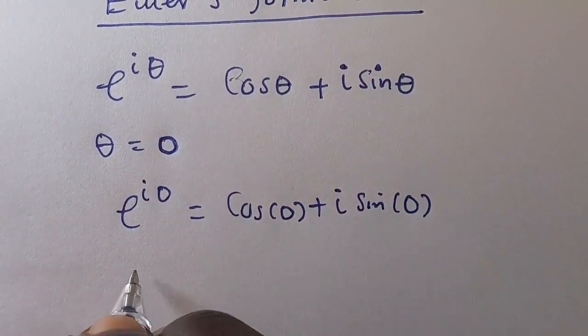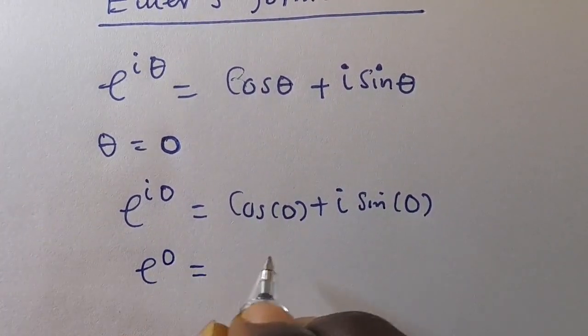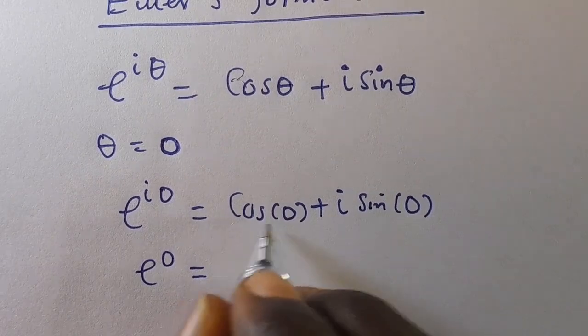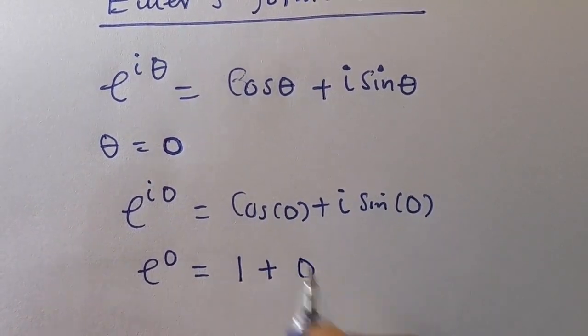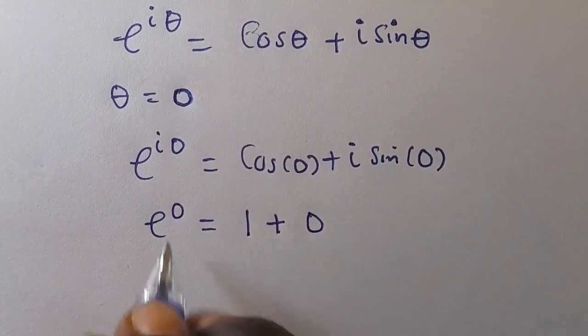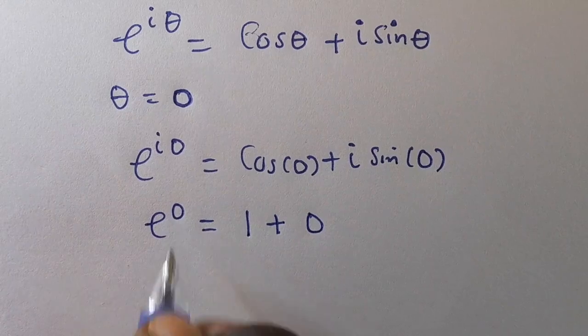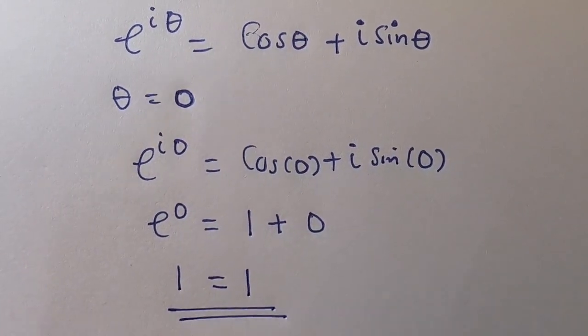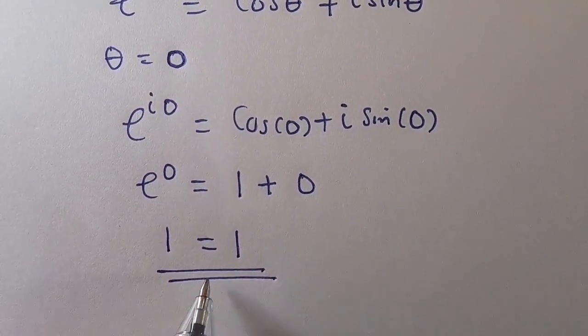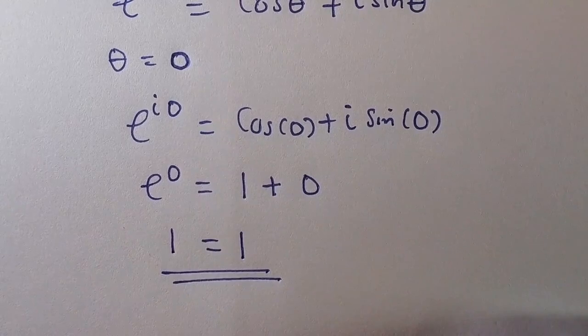So e to the power of 0 equals cos 0, which gives us 1, plus sin 0, which gives us 0. Now e to the power of 0 will always give us 1, and here we also have 1. So this is true for theta equals 0.